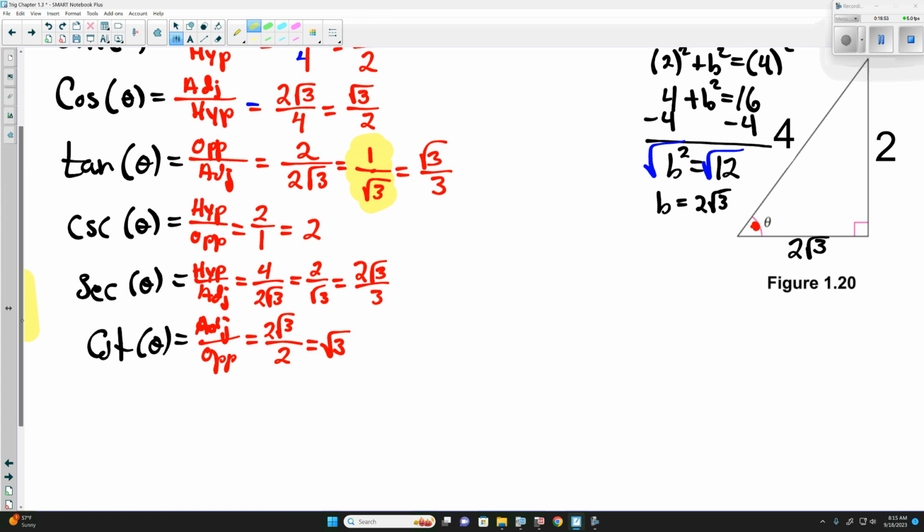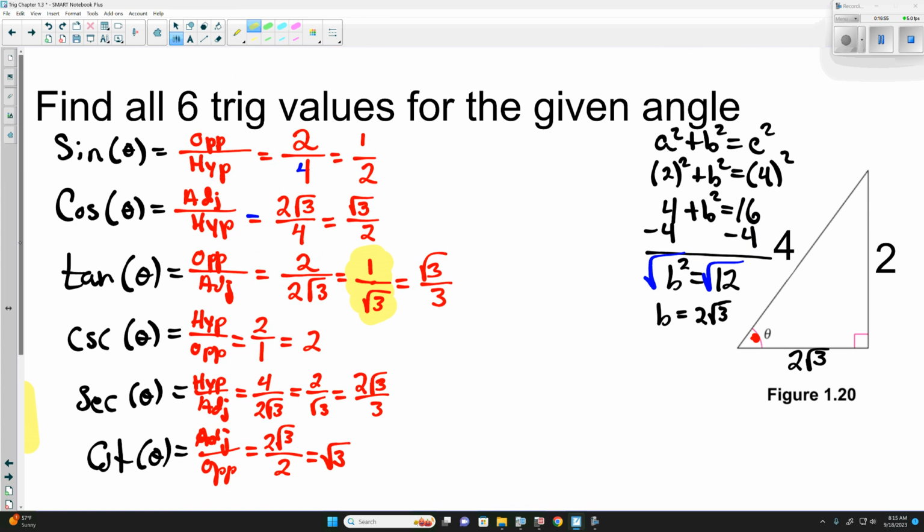Questions on sine, cosine, tangent, secant, cosecant, and cotangent. Incidentally, without any calculations, we can actually tell what the measure of angle theta is. Because I don't know if y'all brought your unit circles out, but if we looked at the unit circle, well, cosine always goes first.